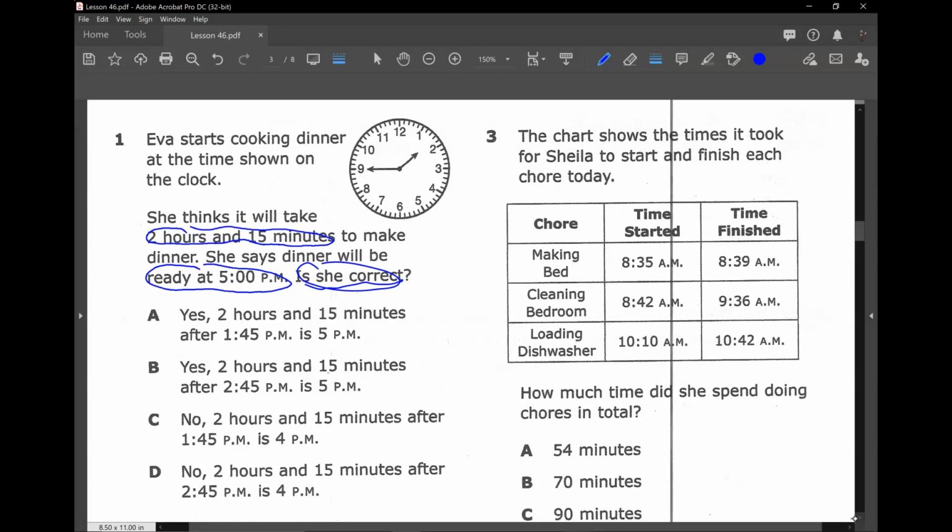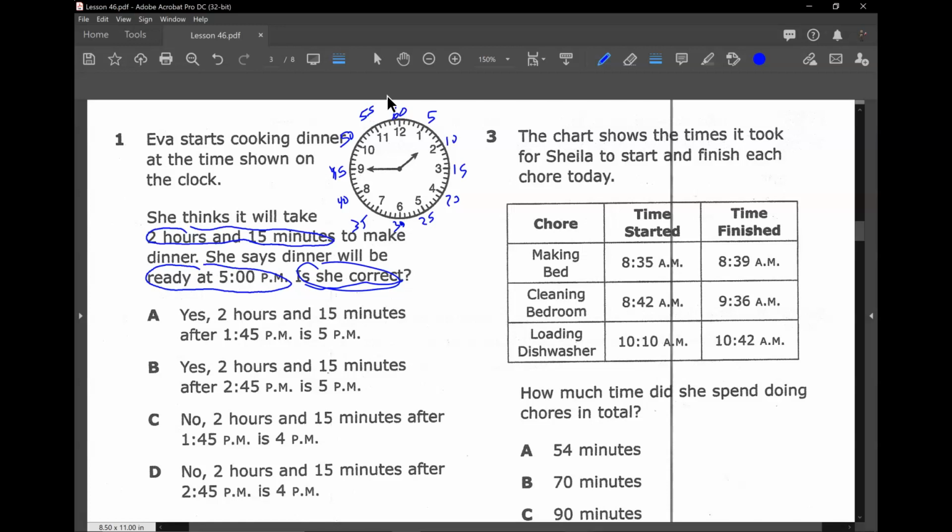Okay. So the first thing we need to do is we need to see what time it is now. So she started at the time shown on the clock. Again, each one of these is 5. Now you don't need to label these every time if you know it. If you don't know them, then label it. It's the only thing that's going to help you.